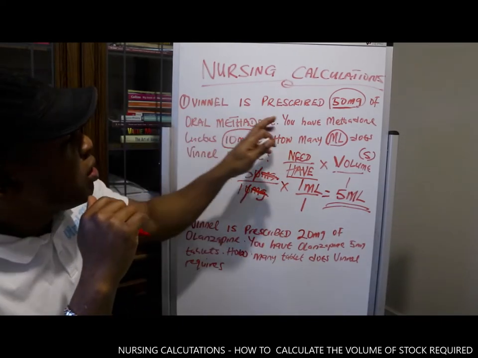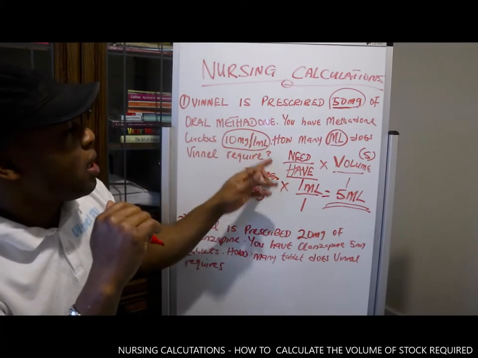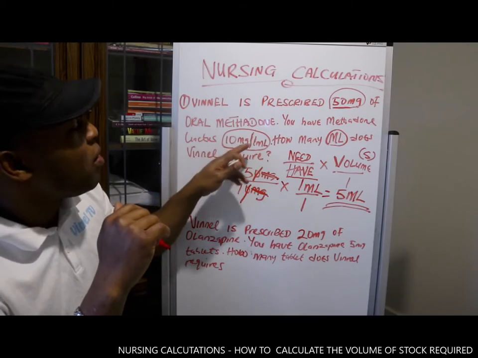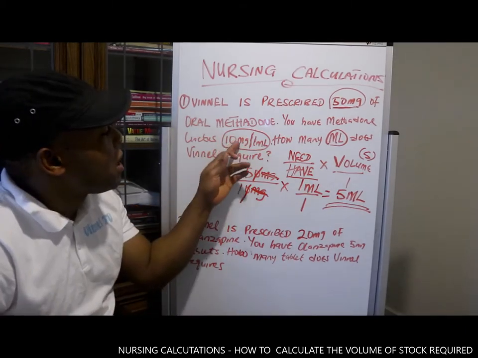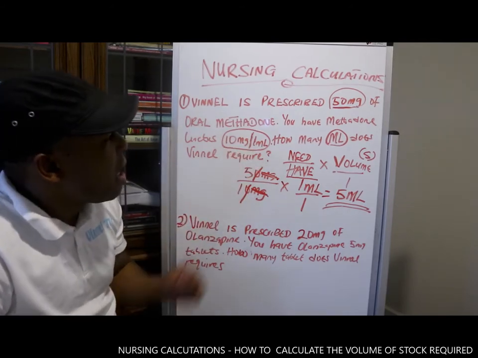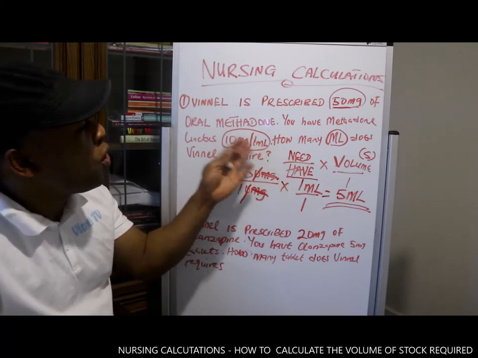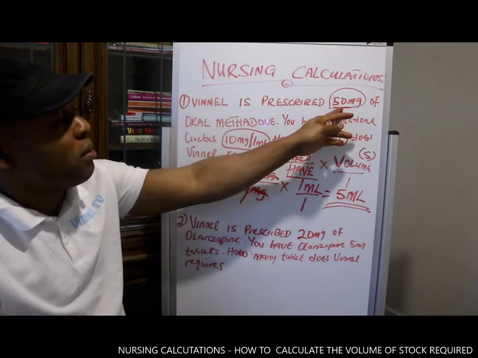Vinyl needs 50 milligrams of oral methadone, and the methadone linctus you have is 10 milligrams in 1 ml.